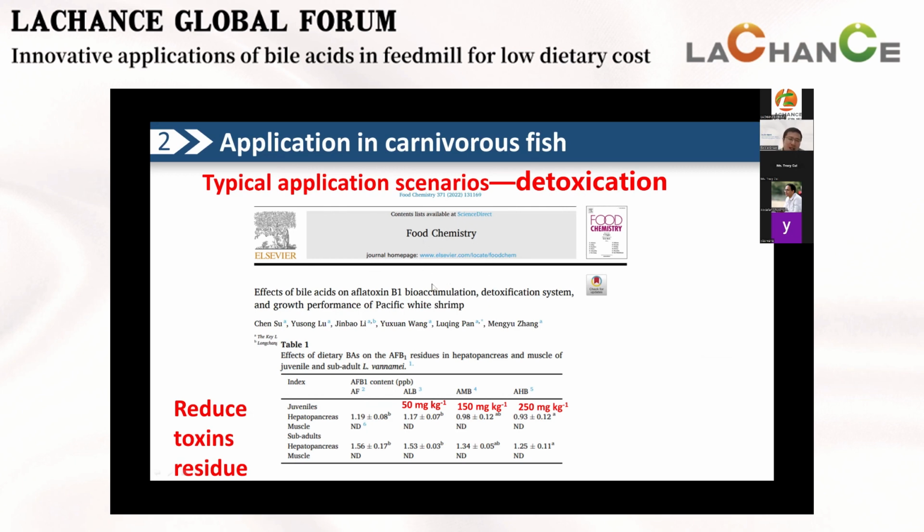Here is an article published in shrimp, and we can see that here they used one common toxin, and after the addition of the bile acids, we can see that the toxin residue will be reduced after you supplemented the bile acids in the diet.